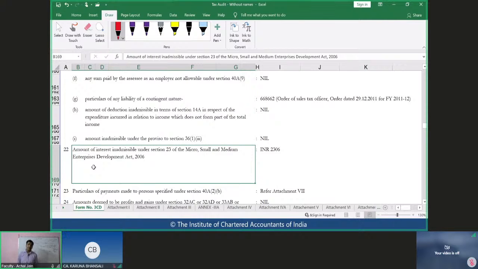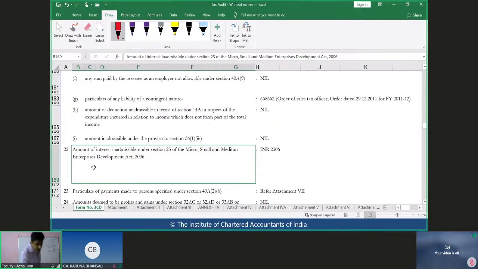So at times it may have happened that in the financial statements this interest has not been provided, maybe on materiality ground, or maybe this disclosure got missed. Does it mean that the auditor will not capture this, in case this is missed in the financial statements? What do you think?